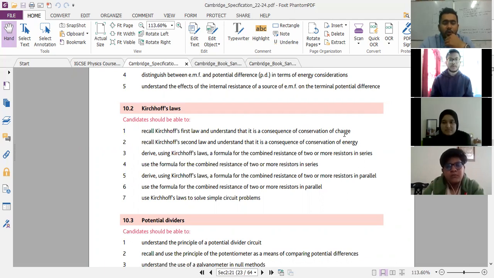So conservation of charge, we said, is that the sum of current entering a point equals the sum of current leaving a point. What relation can this have with the consequence of charge?